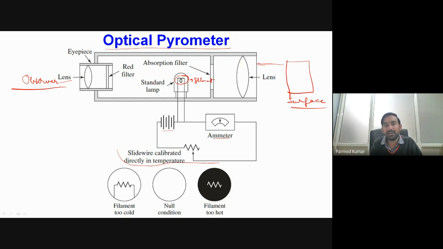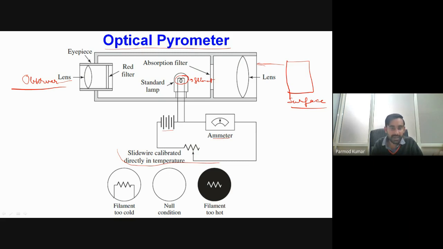With the help of this resistance, we can vary the amount of current, and we can change the intensity of light of this standard lamp. So while observing, the observer will get three different situations depending upon the intensity of the light we supply.